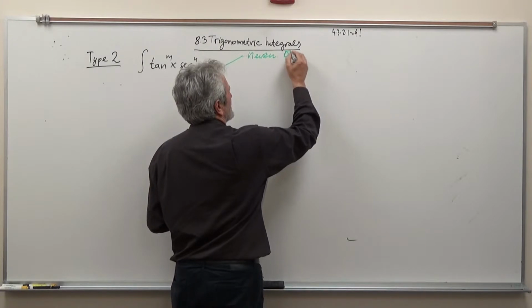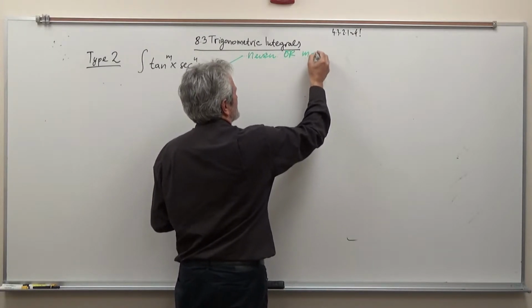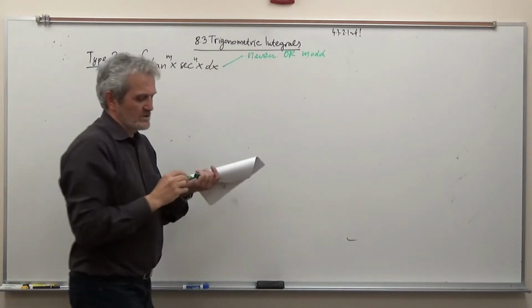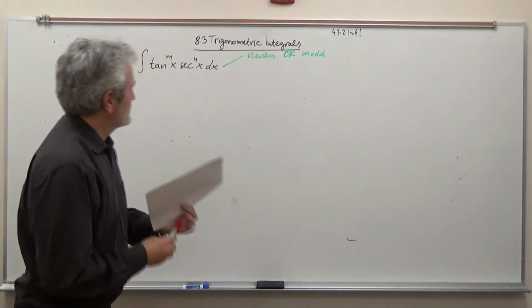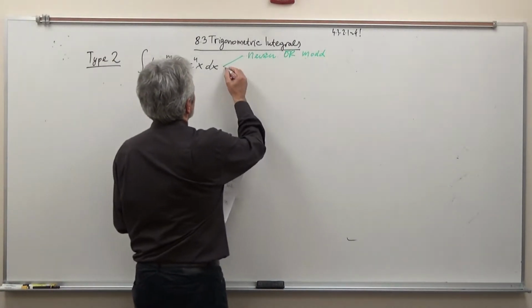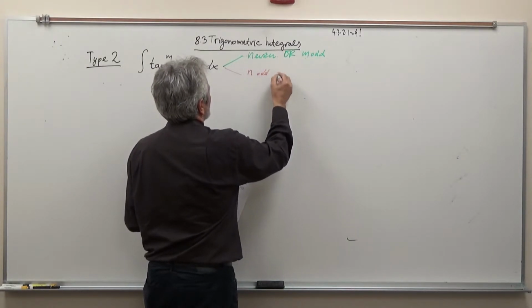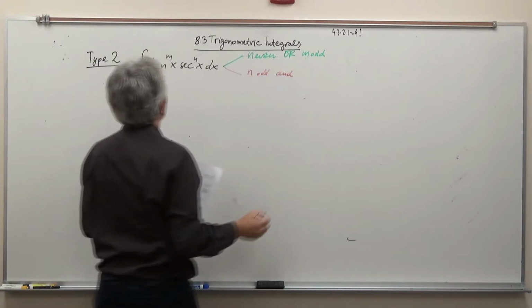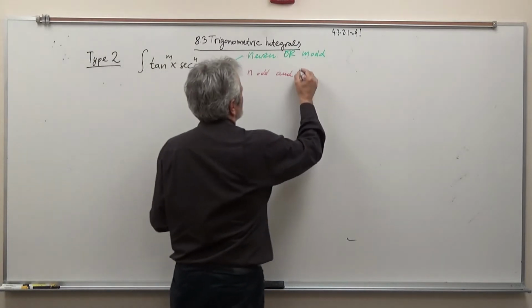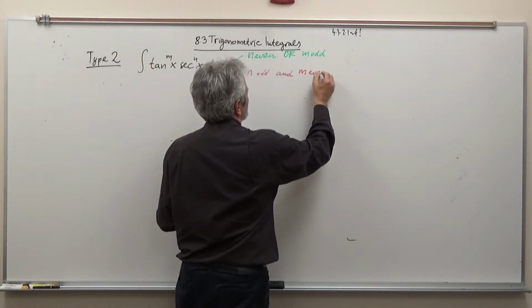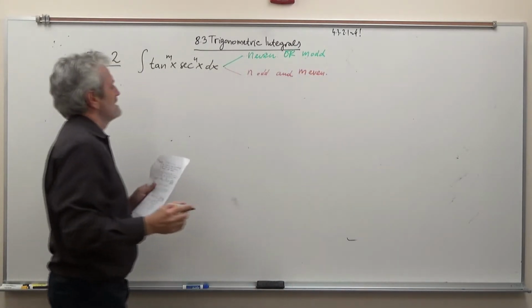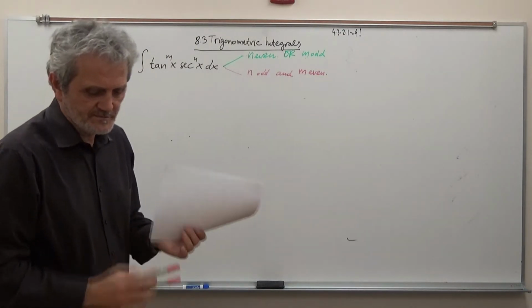That's all good. What's not good is if both of them fail, so that means if what? n is odd and m is even. Then things get a little complicated.